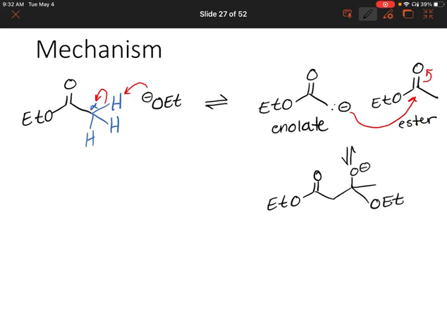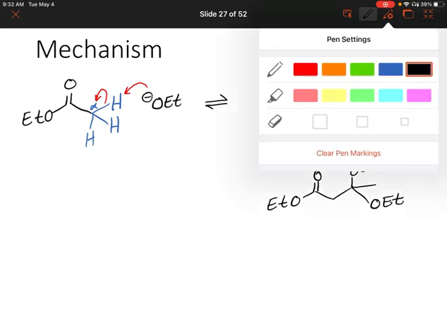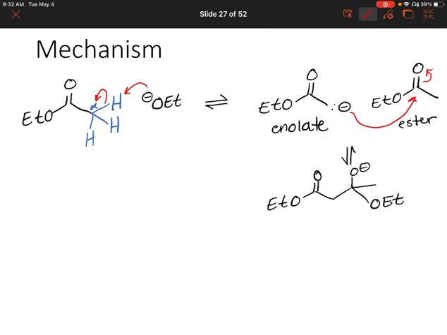So on that beta carbon, we have a negative oxygen, we have a good leaving group, and then we have our methyl group. So what we can do is reform our double bond between oxygen and carbon and kick out our leaving group.